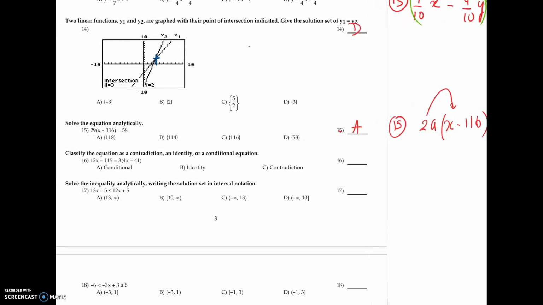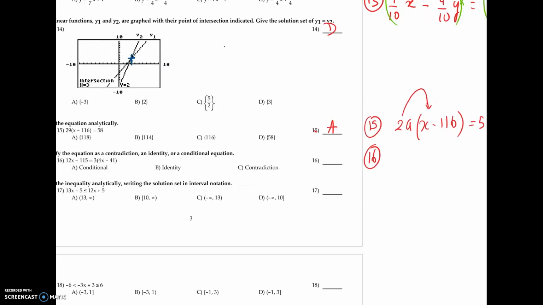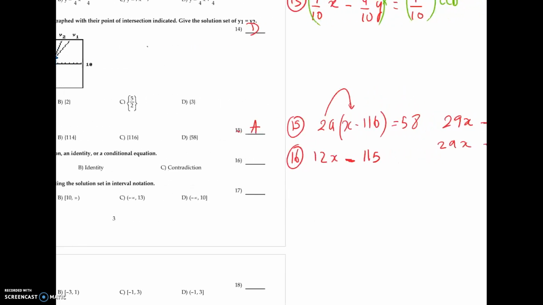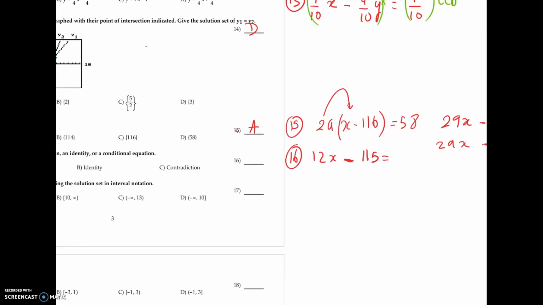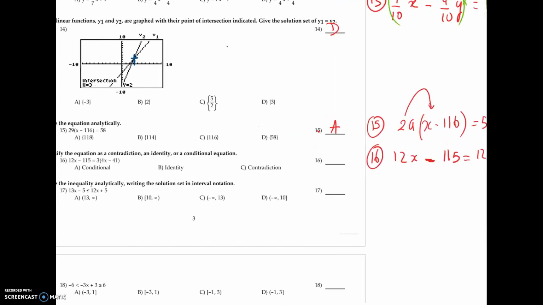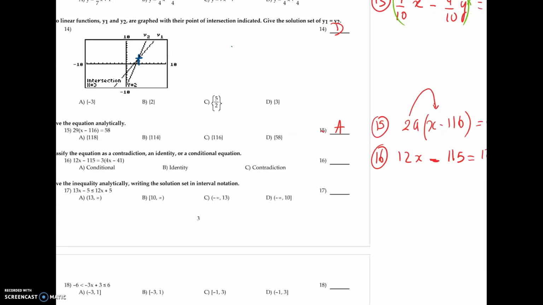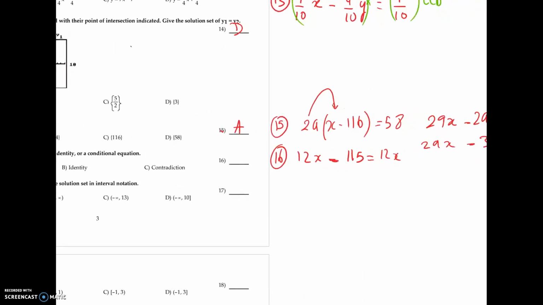Number 16, classify the equation as a contradiction, identity, or conditional equation. When you look at this number 16, what do we have? We have 12x minus 115, and if I distribute the 3, I'm going to have on the other side 12x minus 123.